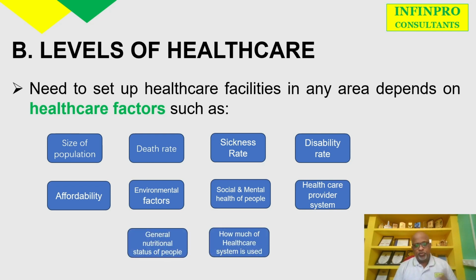Just add 2 more to the list: general nutritional status of people, and how much healthcare system is used. Considering these 10 factors, any healthcare facility is set up in a location depending on the needs of the society.